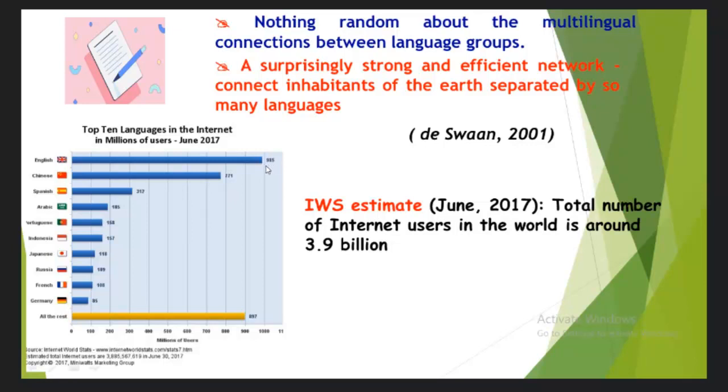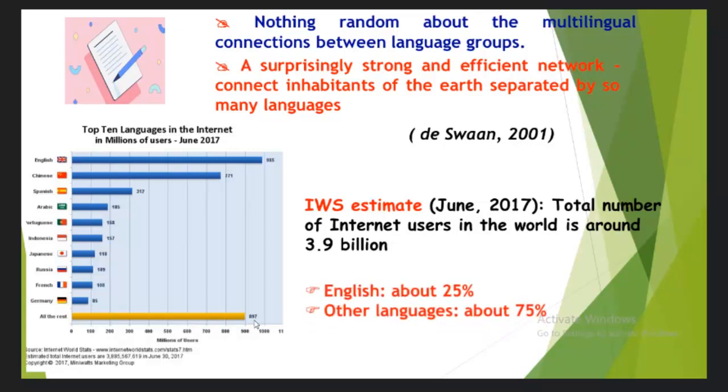Besides that, other people use Chinese, about 771 million, and the rest is 879 million people.